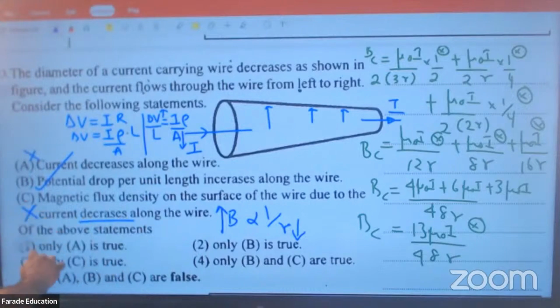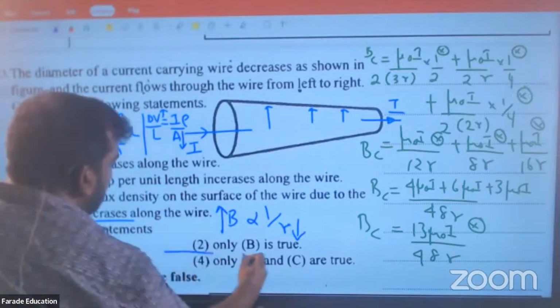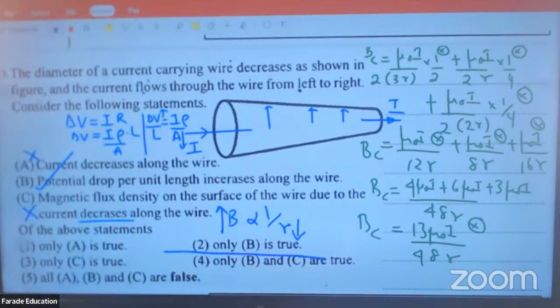Decreases is what they said, so that is wrong. The only correct answer is B.